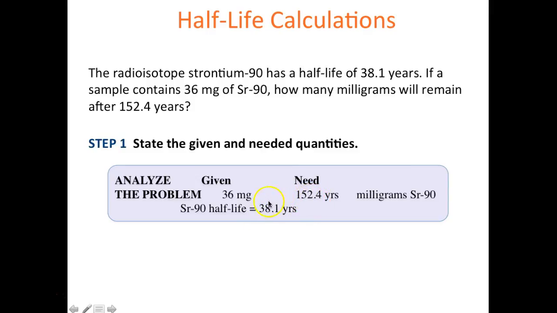So if you divide this 152.4 by 38.1, you should get the number of half-lives, because each half-life is 38.1. And then once you have that, with each half-life, the sample is going to become half its original.